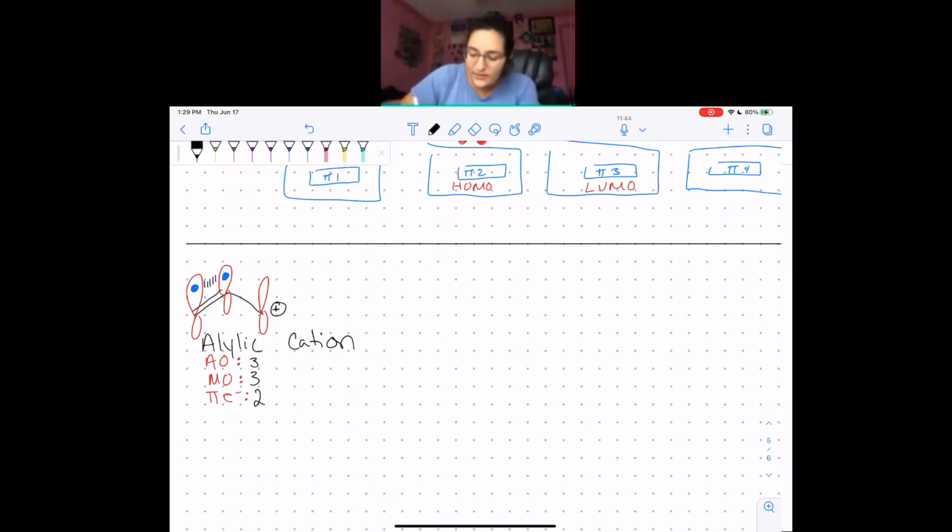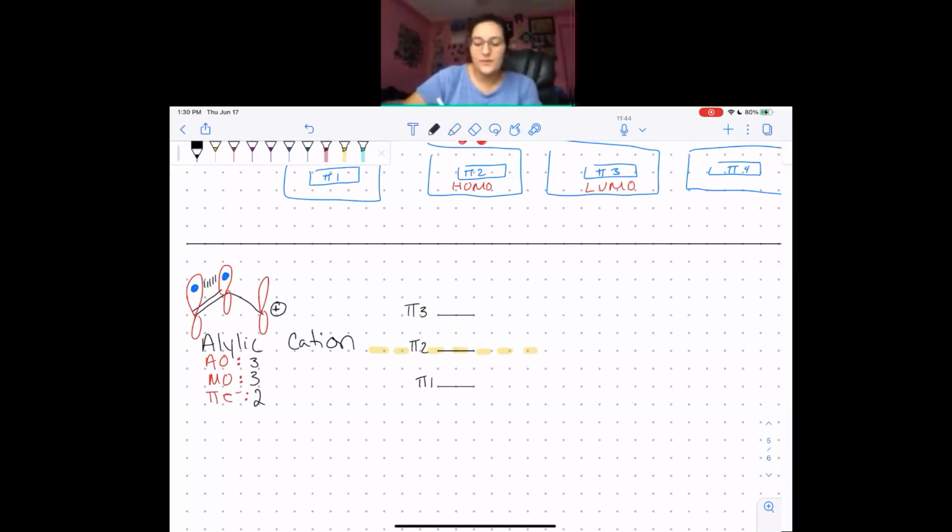And now we are going to have only 3 energy levels. But wait! What are we going to do when we have to cut it in half, right? So we have pi 1, pi 2, pi 3. And I told you that in order to figure out what's bonding and what's anti-bonding, you cut it in half.